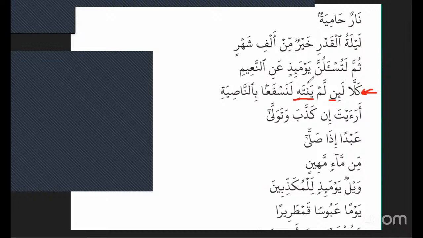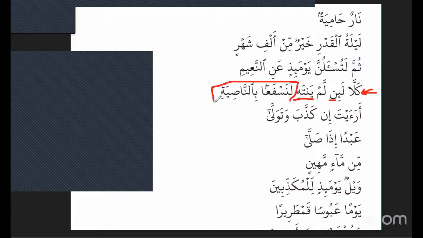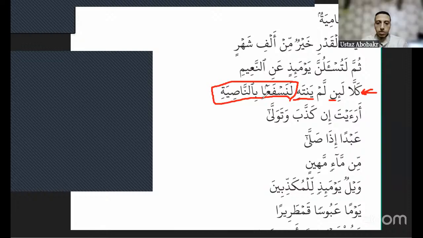ينتهي. Excellent. We have here لنسفعا بالناصية. We have a tanween here on the ayn and then ba. This is iqlab. We just talked about it. So we say la nasfa'an bin nasiyah. Can you say it, please? لنسفعا. Yes.